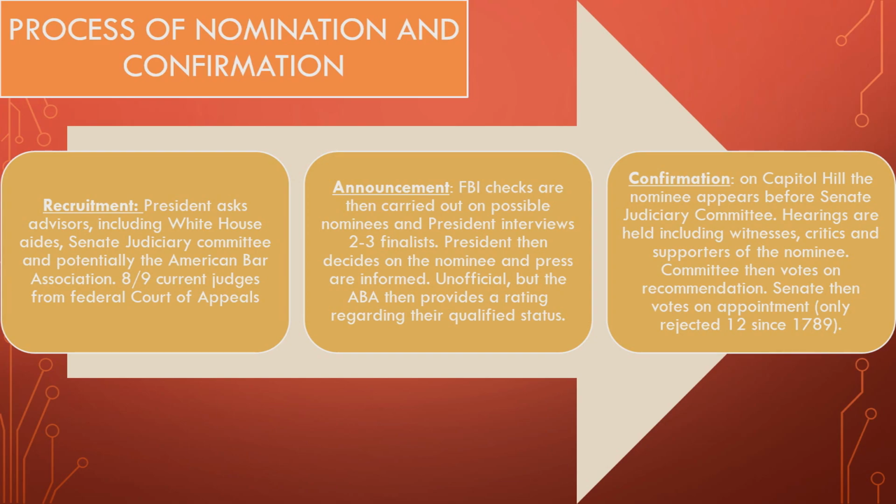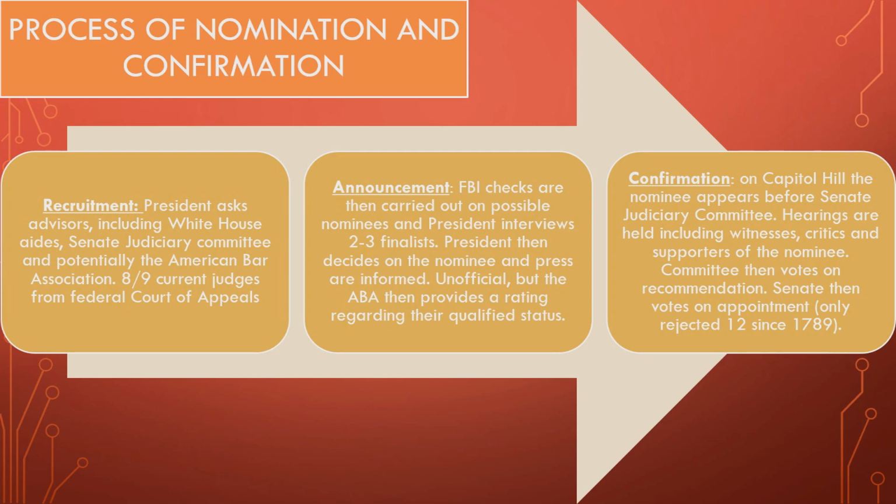So 7 out of 9 of the current judges all come from the Federal Court of Appeals. Once that happens, the FBI checks are carried out on possible nominees. The president then decides on the final nominee, and the press are informed. Then the ABA provide a rating regarding their qualified status. That's the American Bar Association. And then they are confirmed.